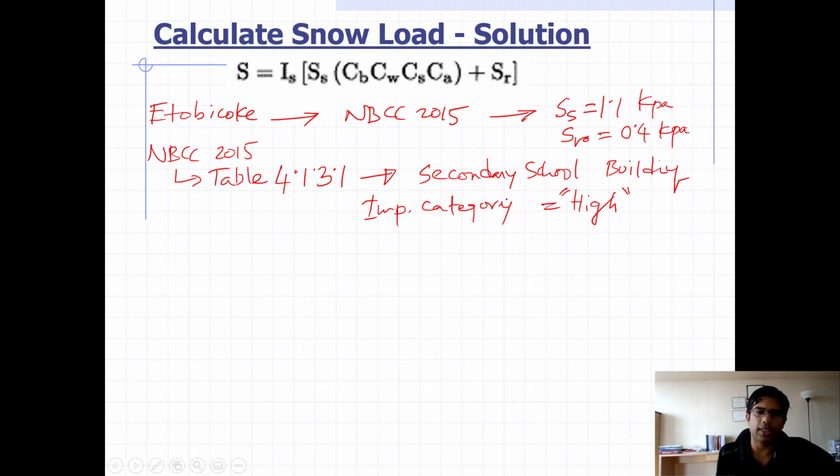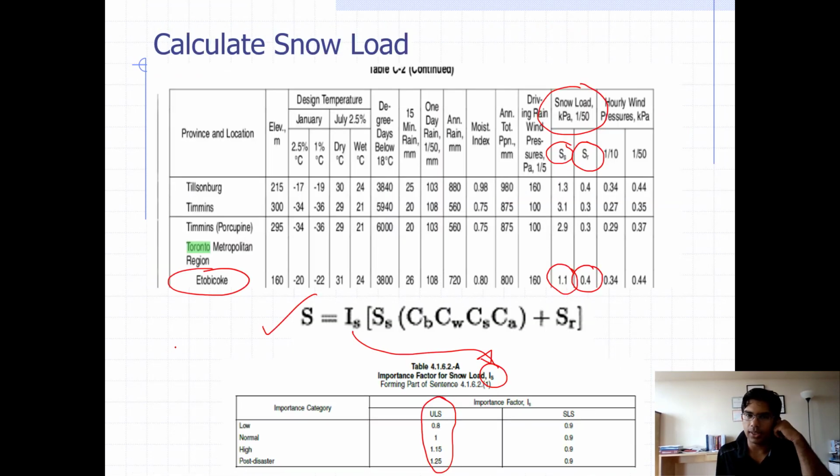And for this importance category, now we can go to the table for high. So we take this value, 1.15, since our importance category is high for a secondary school.